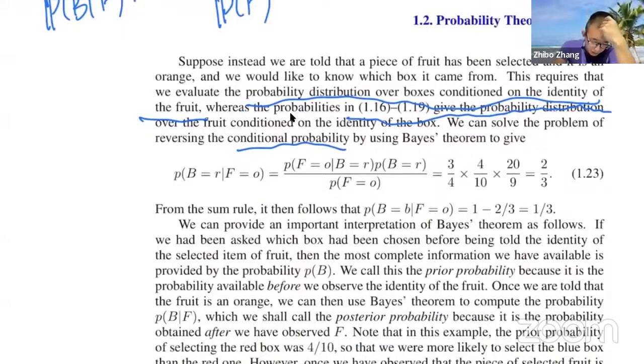We can provide an important interpretation of Bayes' theorem as follows. If we had been asked which box had been chosen before being told the identity of the selected fruit, then the most complete information we have available is provided by the probability P(B). We call this the prior because it is the probability available before we observe the identity of the fruit.